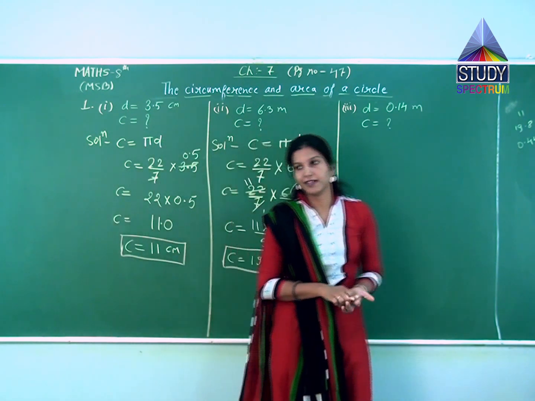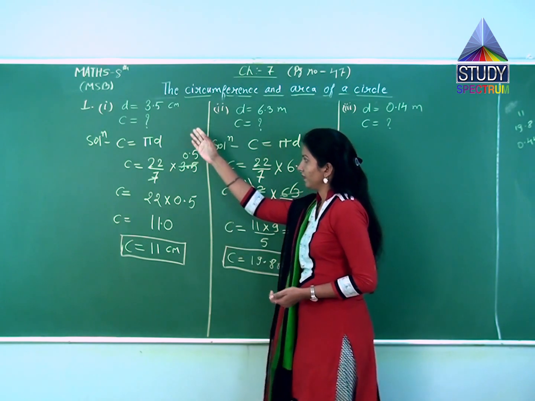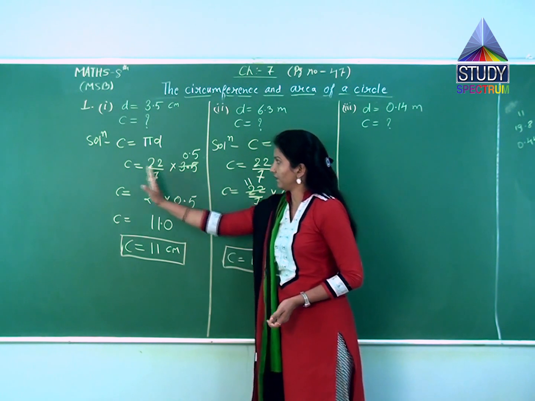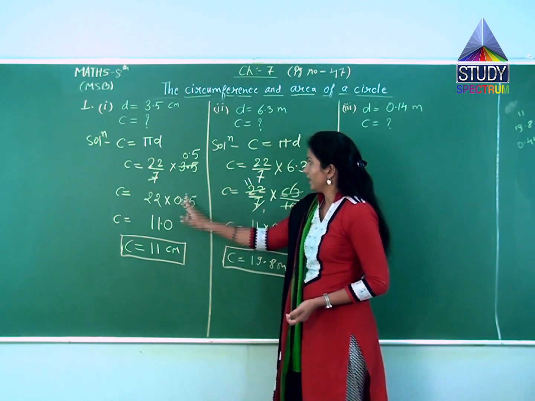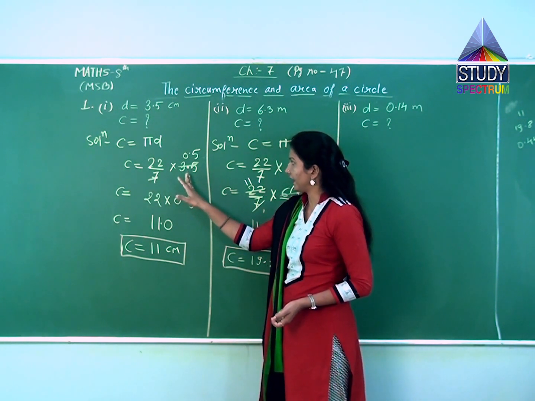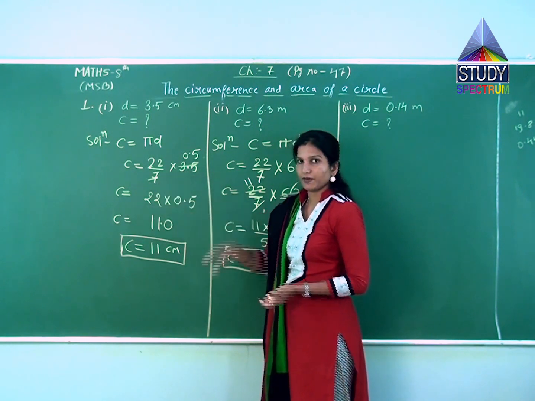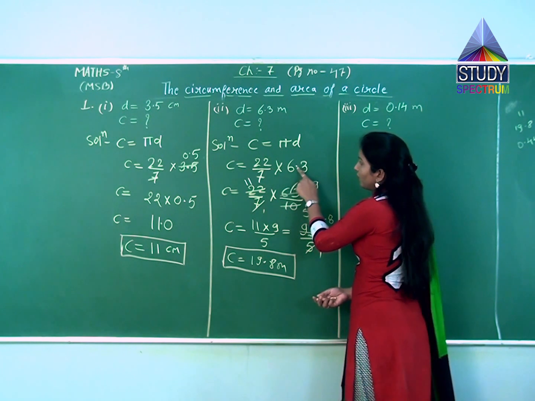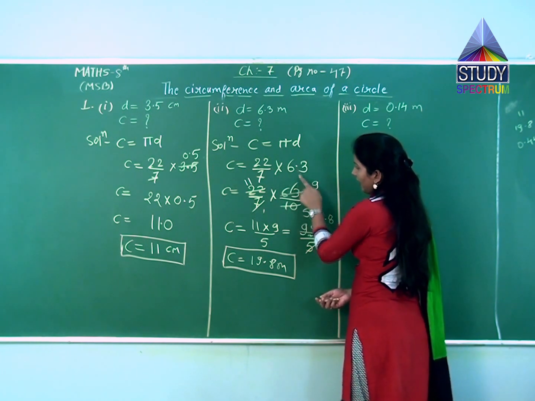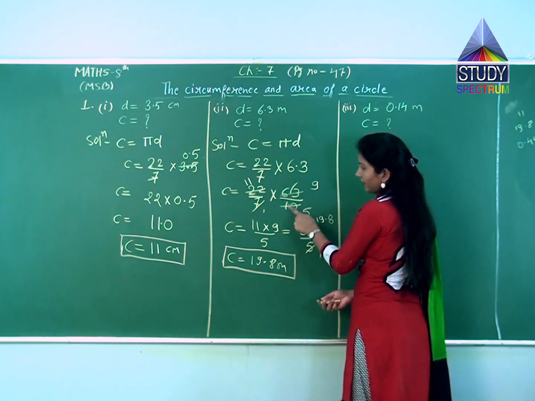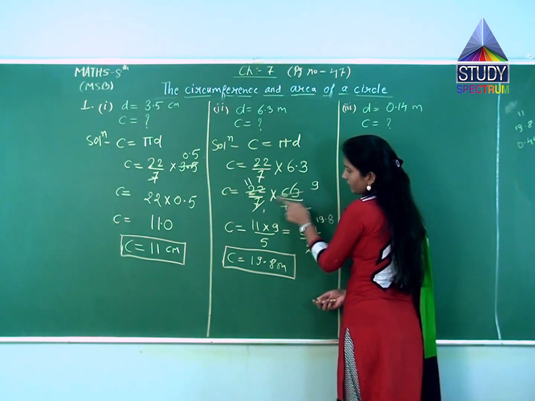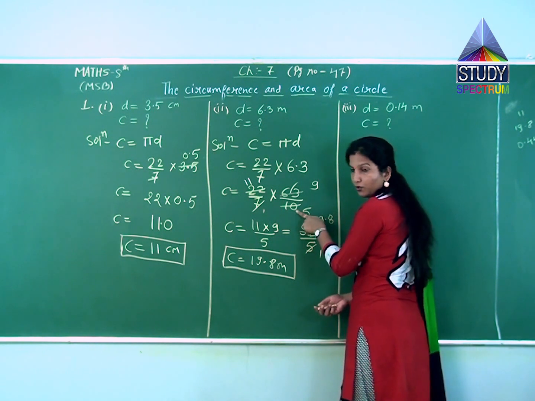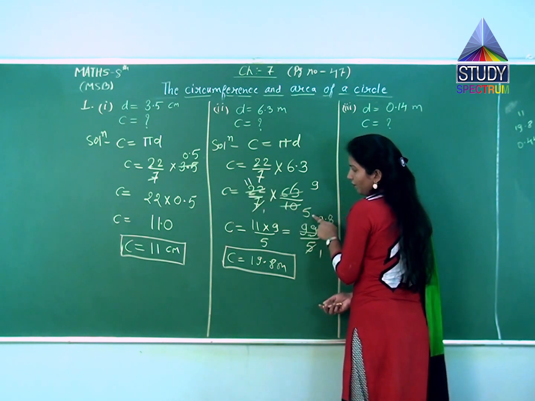Students, as you can see, in example number 1, while solving the question for circumference of the circle, we directly divided 3.5 by 7. But in question number 2, I removed this decimal and got 63 by 10. Then I divided this 63 by 7. Here 9 comes, and this 22 and 10 by 2, so here 11 upon 5.